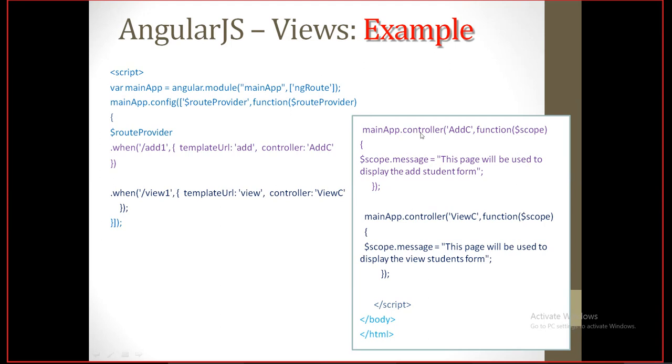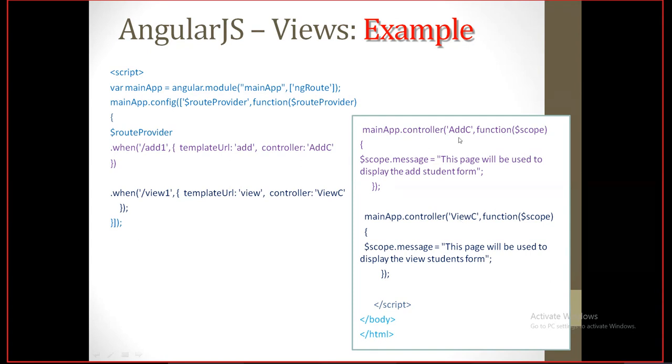Now let us come to the second type of module, that is the controller module. For the mainApp application module, we are defining a controller, right? And the name of the controller is addC. So there are basically two controllers for this mainApp. One is addC and the other one is viewC.